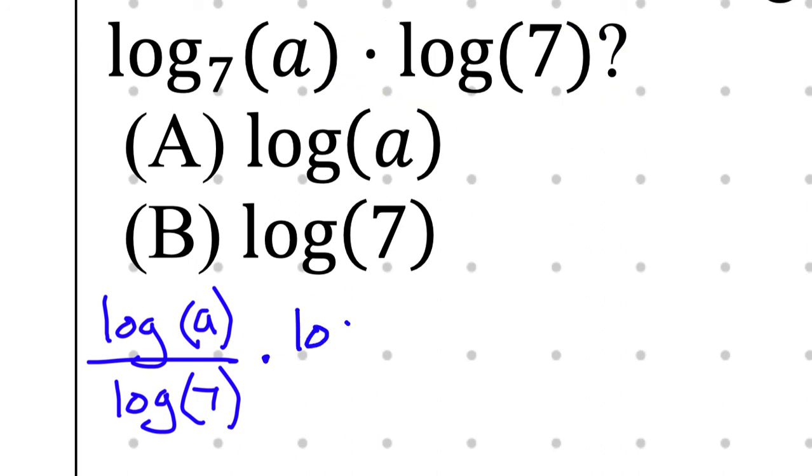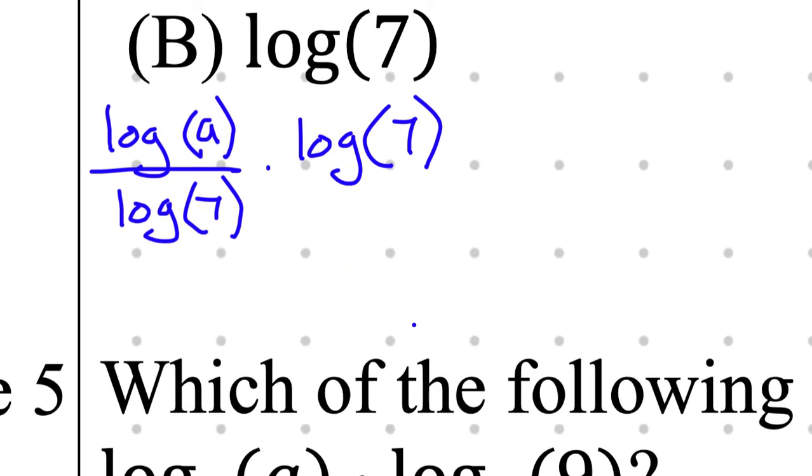Times log of 7. Quiet raised hand, do you guys notice something? Something that'll make it nice and easy? Preferably someone that still has their card. Anna, do you still have your card? Yeah. What do you notice about this? The divide by disappears. Not quite. I have something on the top and the bottom.